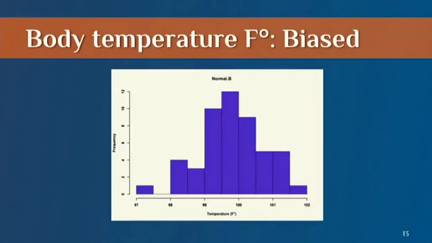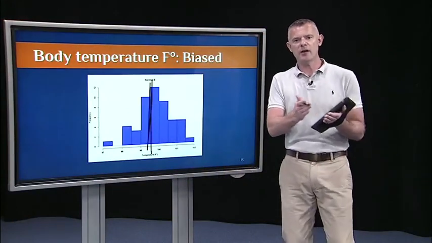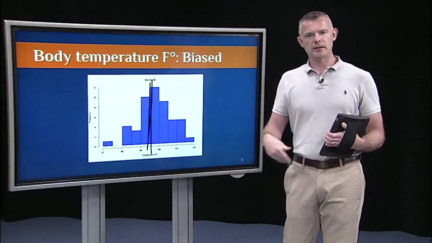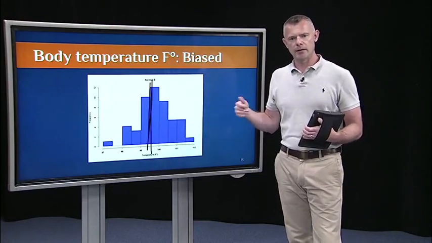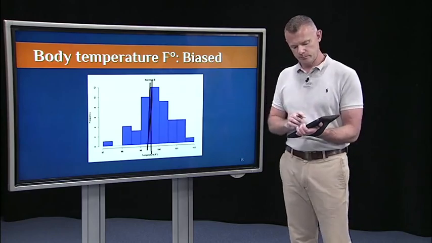And you see that the average is now right about 99.5, maybe a little higher, say 99.6. So it's almost like a degree higher, but it's a degree higher for everyone. That's systematic bias. It's not random chance error, it's systematic bias because it's affecting the entire distribution.